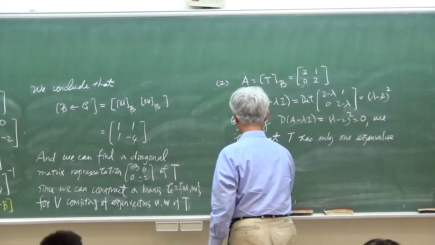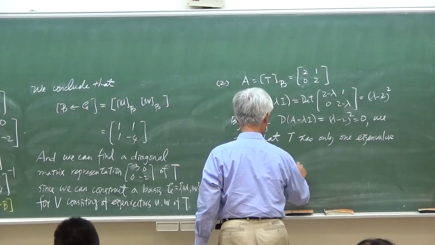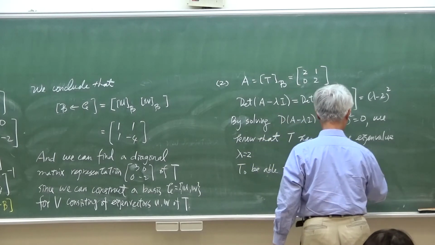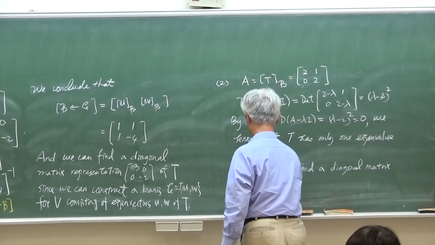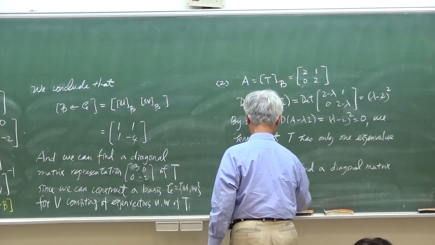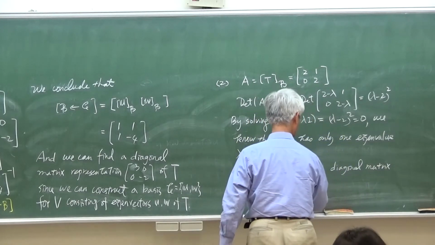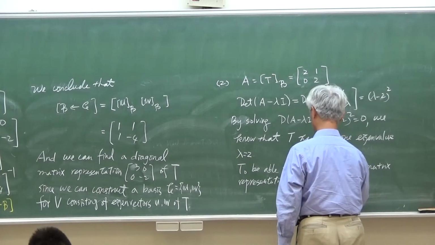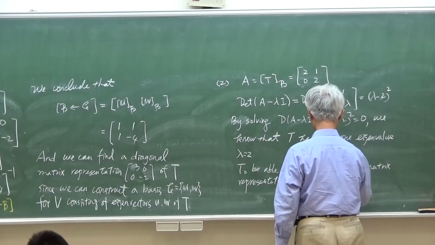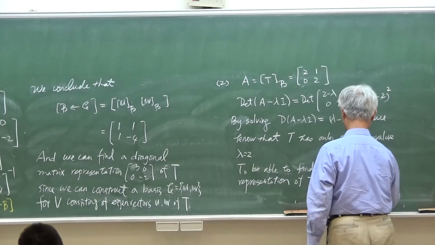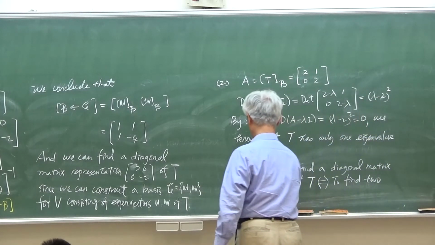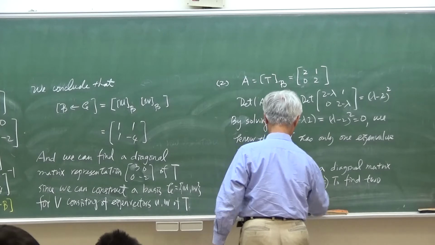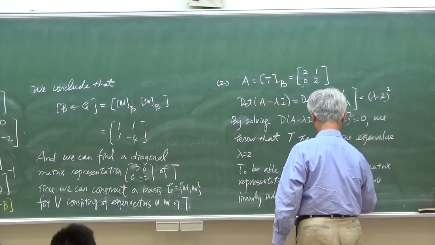So to be able to find the diagonal matrix representation of T is equivalent to finding 2 linearly independent eigenvectors.